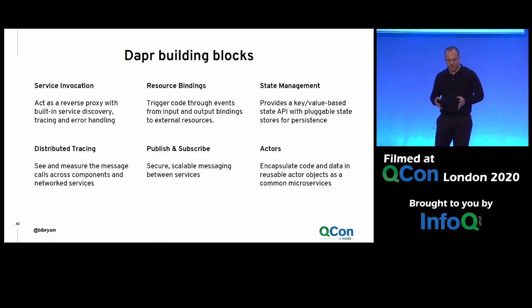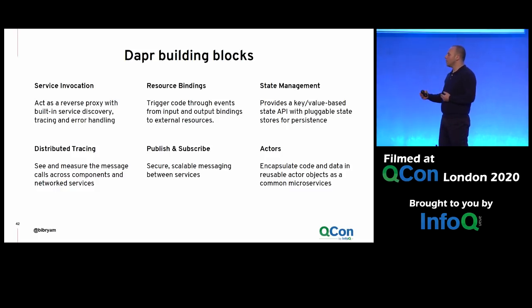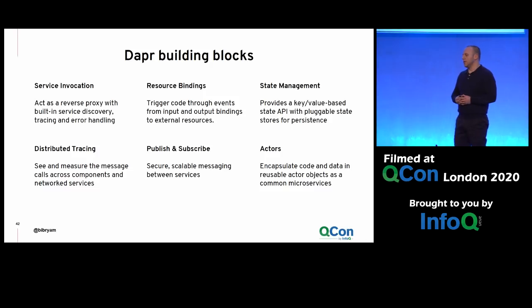The first set of capabilities are around networking. So Dapr can do service discovery and point-to-point integration between services. Similarly to service mesh, it can also do tracing, it can do reliable communication, so it can do retries, recovery, etc. The second set of capabilities are around resource binding, so it has lots of connectors to cloud APIs, different systems, and it can also do messaging, basically publish, subscribe, and other logic.